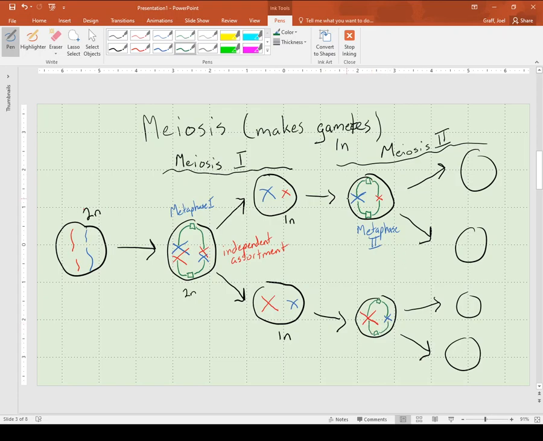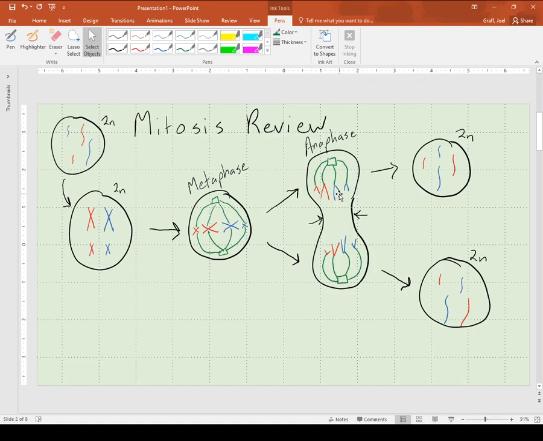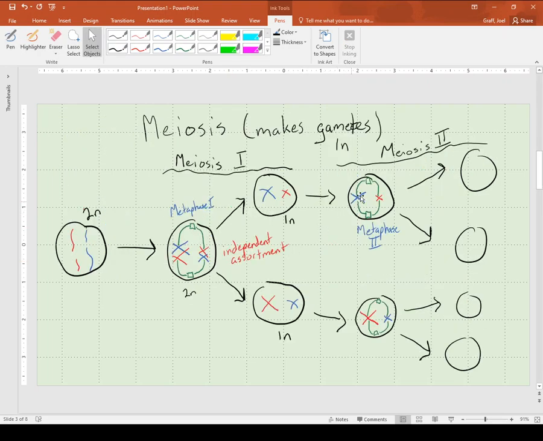So now we've got the X's lined up single file along the center, and so that looks similar to this, albeit this was a 2N cell. This is what it looked like when it was a 2N cell, but if we have a 1N and we're going to break apart those sister chromatids, it looks a lot like mitosis.